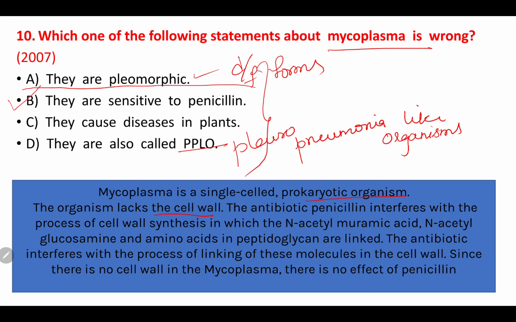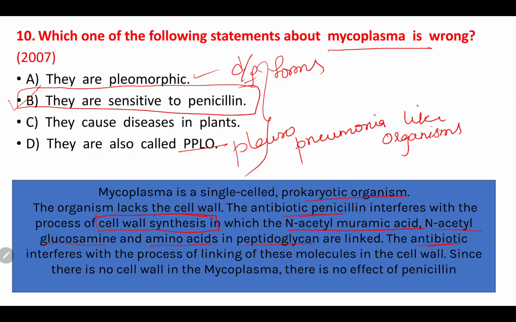They are sensitive to penicillin. Why? Because the antibiotic penicillin is there, no? So that antibiotic penicillin interferes with the process of cell wall synthesis. In the process of cell wall synthesis, N-acetyl muramic acid, N-acetyl glucosamine and amino acids in a peptidoglycan are linked.